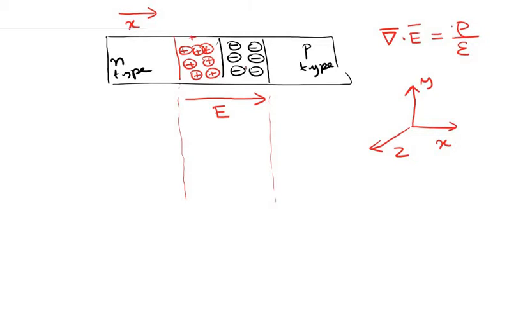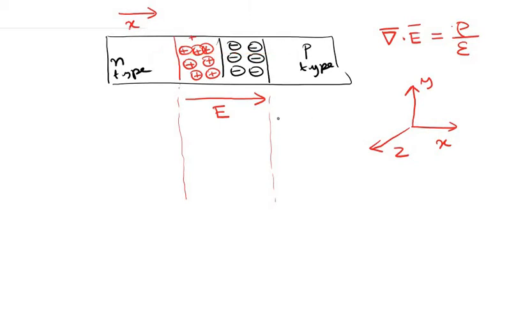For example, if I move in this direction, I would not see any variation in charge density, or if I move perpendicular to the plane of this paper, I would see no variation in charge density. The only variation in charge density is when I am entering the depletion region and exiting the depletion region here; this is the only direction in which the charge density is varying.